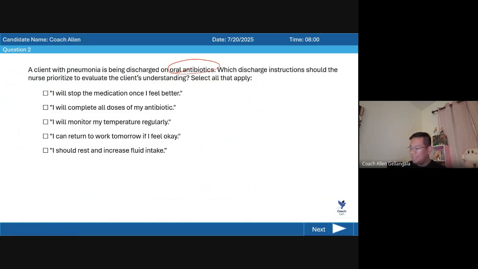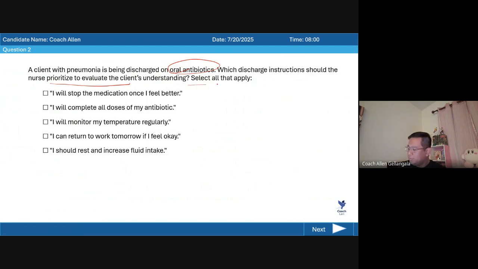If the question is just saying that it is an oral antibiotic, it's only an oral antibiotic. Don't think too much about what antibiotic was given. Do not question the question. Just answer the question the best that you could. Now, which discharge instructions should a nurse prioritize to evaluate the client's understanding?